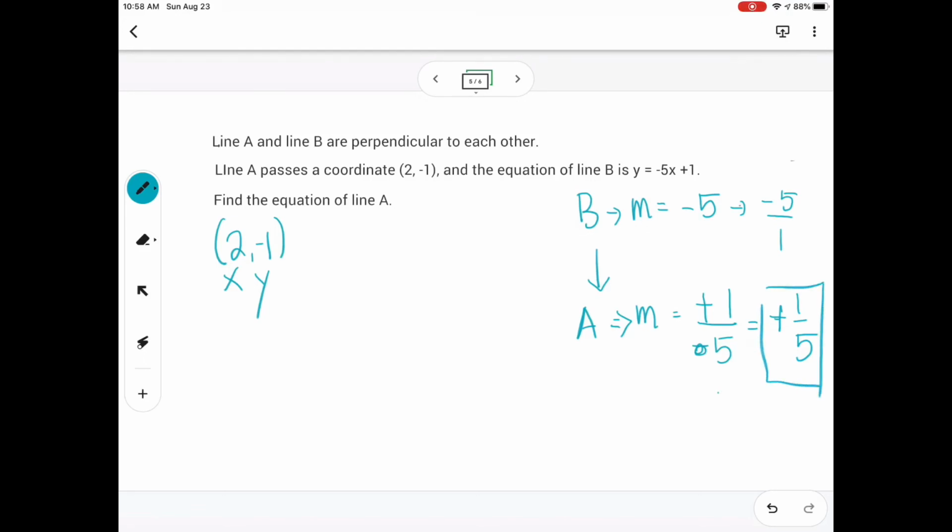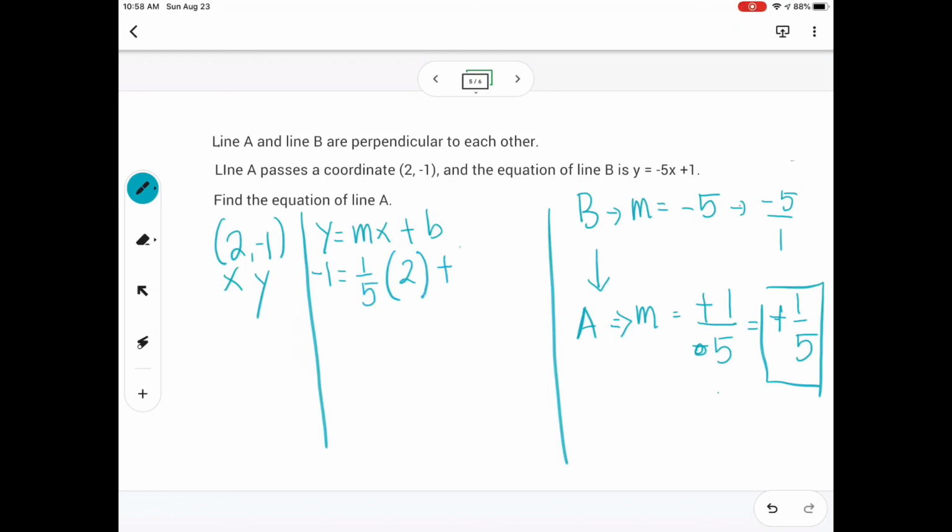Now we're going to find the b to find the full equation. How? We're going to use again y = mx + b, because that's the form we're going to use. y is -1, the m is positive 1/5, the x is 2, plus b. So -1 equals 1/5 times 2, which is 2/5, plus b. We're going to isolate b, so subtract 2/5 on both sides.